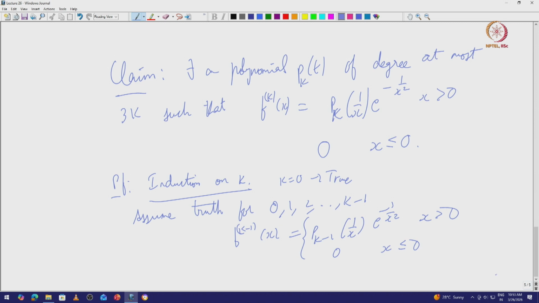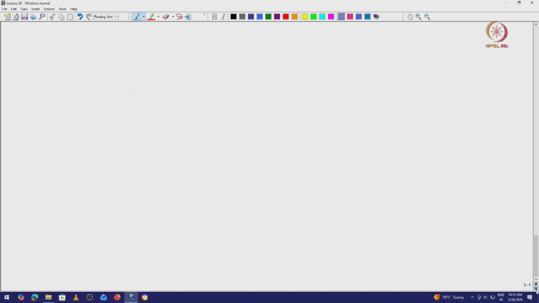Okay, so now we simply have to compute the kth derivative. So what is the kth derivative? When x is positive, it's simply by the product rule: p_{k minus 1} dash times this, plus the derivative of this, which is 1 by x cubed times p_{k minus 1}, when x is positive.